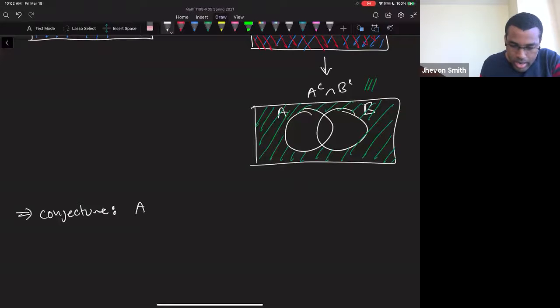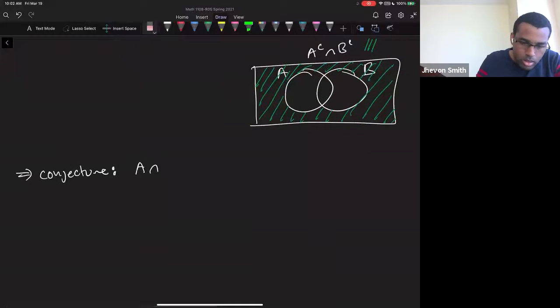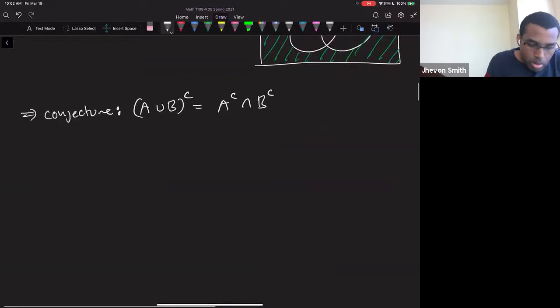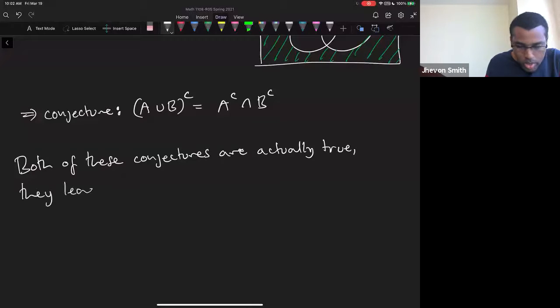So if I take the union, if I take a complement of union, it's the same as taking the intersection of the individual complements. It turns out both these conjectures are actually true. They lead to a theorem.